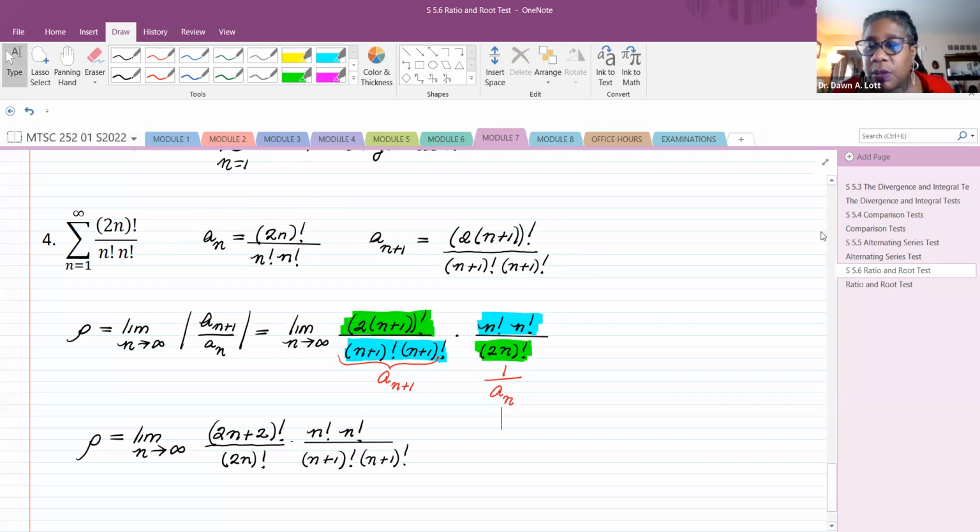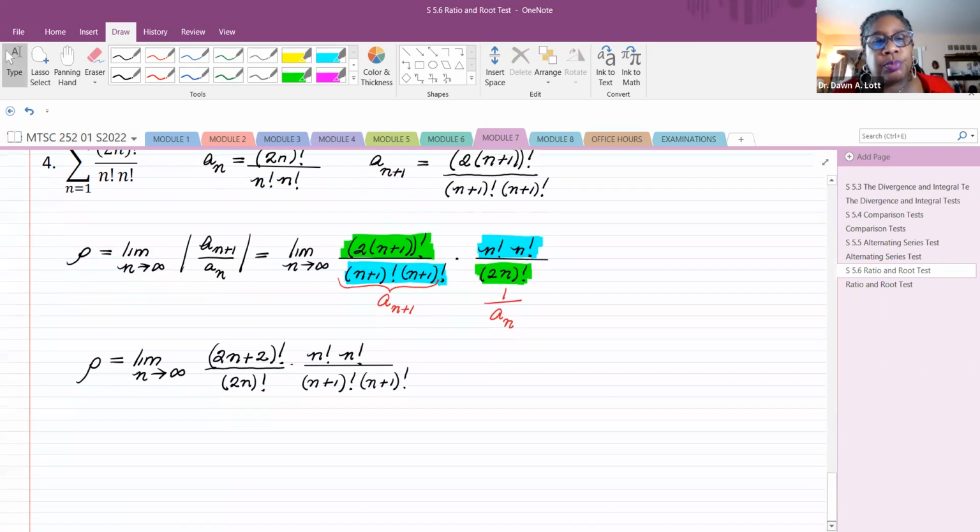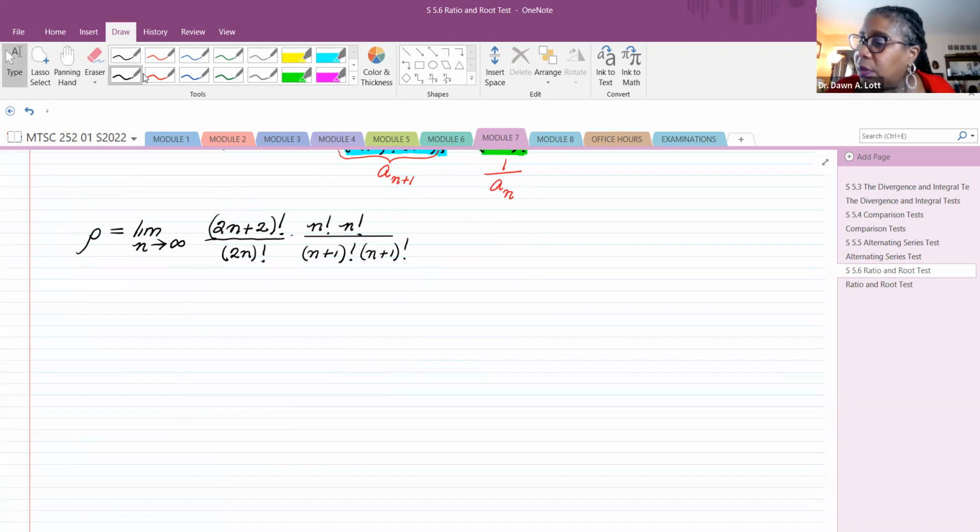Okay, now here's where it gets tricky. We already know that (n plus 1) factorial is n plus 1 times n factorial.